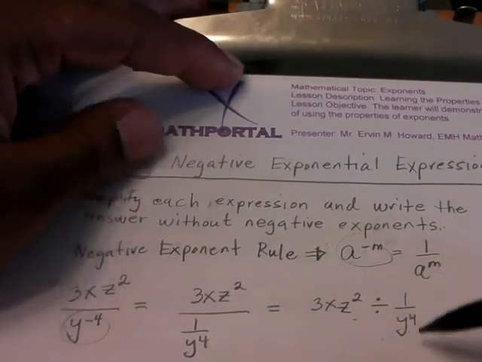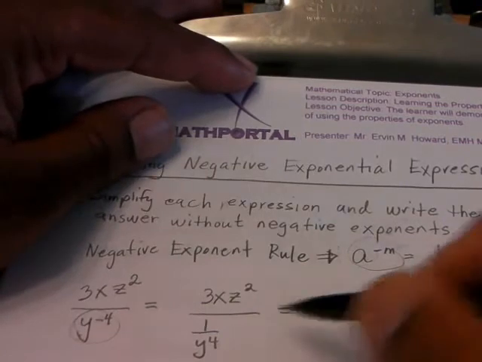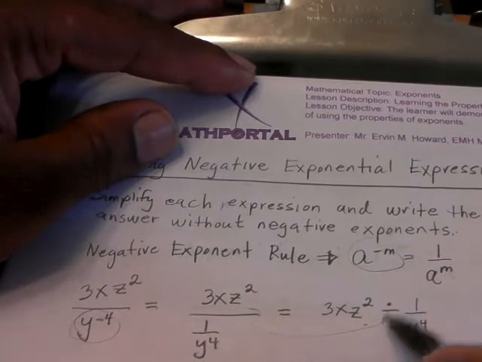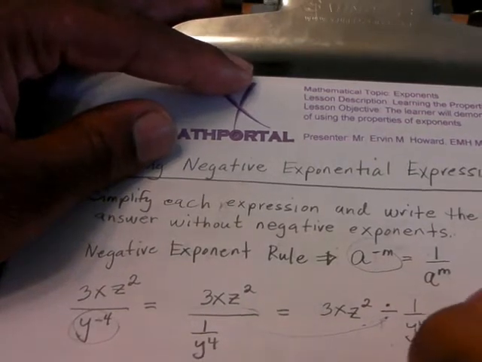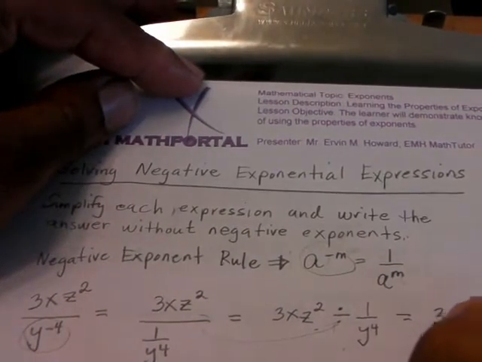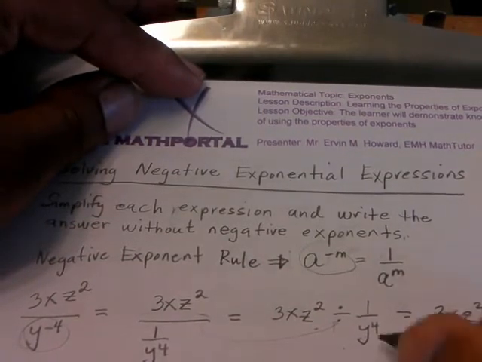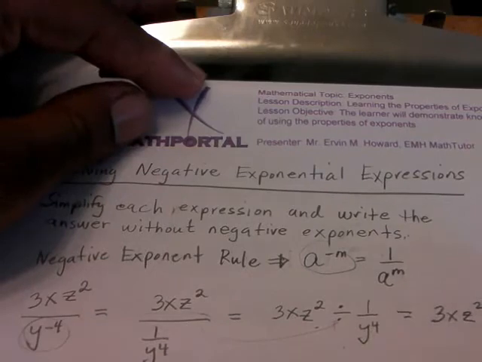When you have that, you know what happens: this becomes the reciprocal again because you're dividing. So this symbol takes the place of the division sign. This equals 3x z squared, and then we multiply by the reciprocal, which would be y to the 4th, so it inverts.